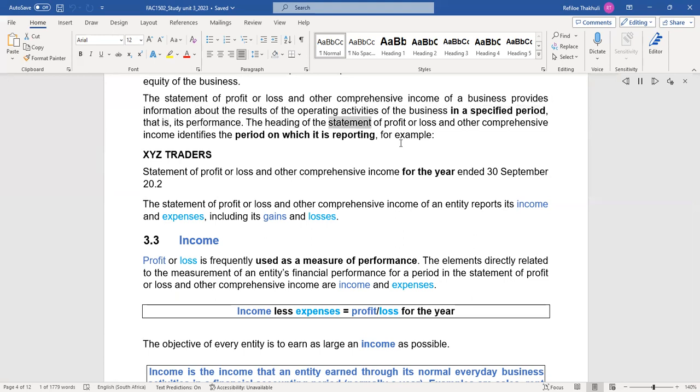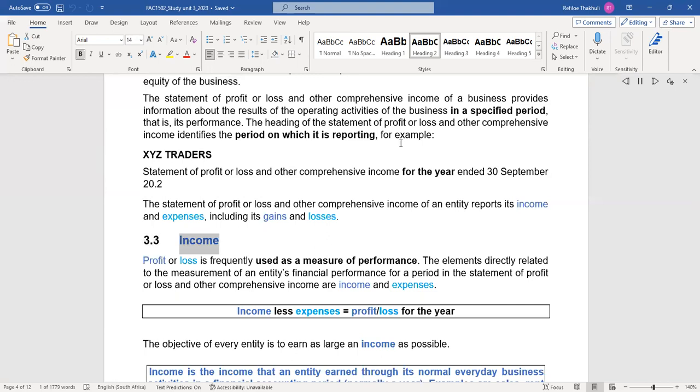The heading of the statement identifies the period on which it is reporting, for example, XYZ Traders, Statement of profit or loss and other comprehensive income for the year ended September 30, 20.2. The statement reports its income and expenses, including its gains and losses.